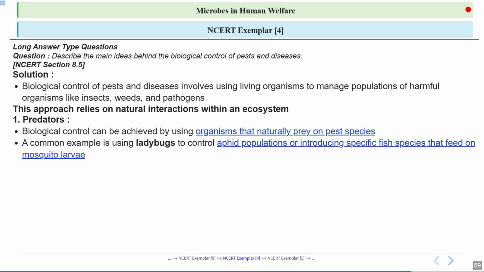You can also introduce specific fish species that feed on mosquito larvae. These examples show how we can use natural predators to solve pest problems without harming the environment.